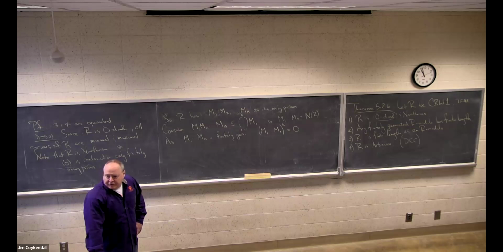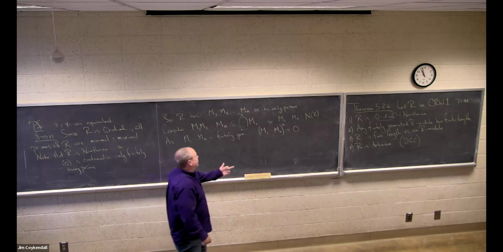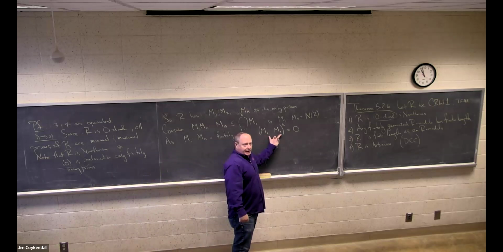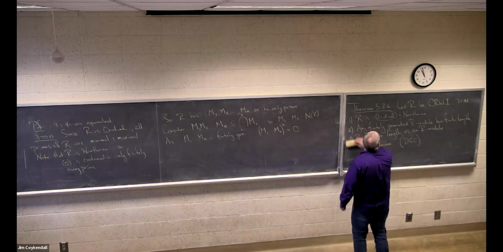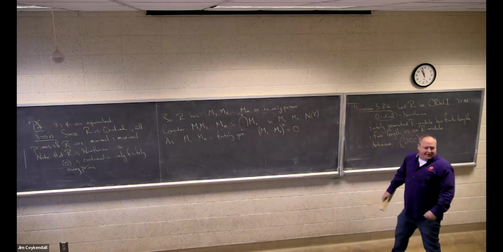This is because it's finitely generated, and this is a big application. Anybody want to see me prove that? You do need this ideal to be finitely generated. You look skeptical, so I'll deal with that.